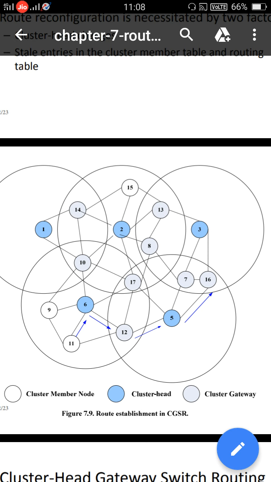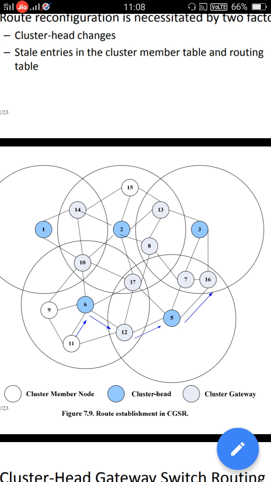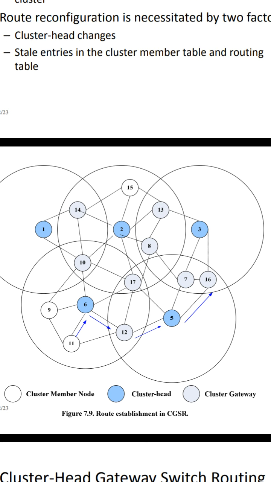So cluster gateways transfer the data to the adjacent cluster heads. That is the main function of the cluster gateway nodes. The cluster members belong to a particular cluster only.